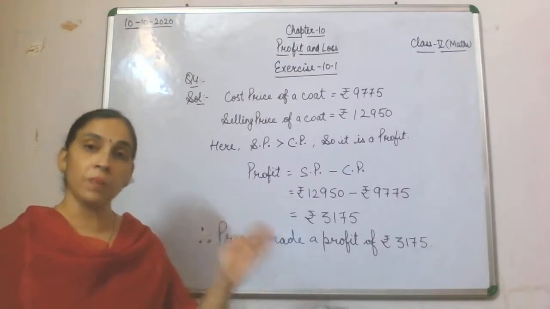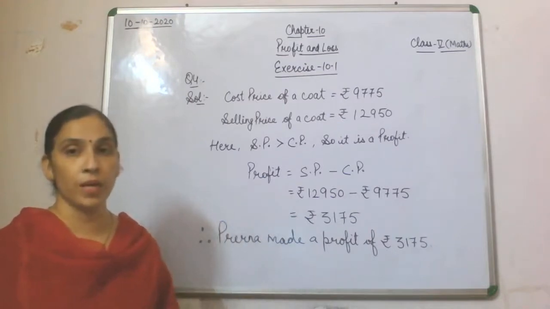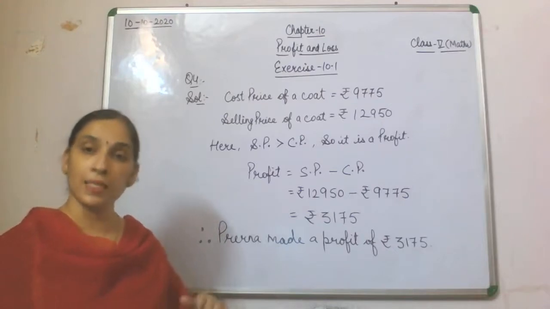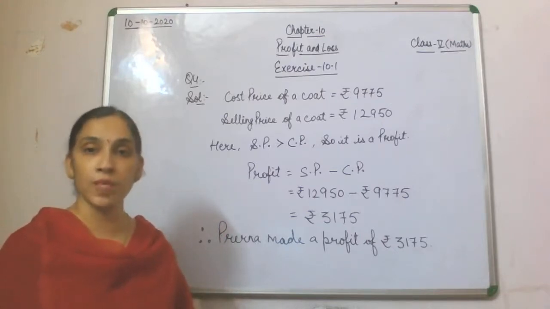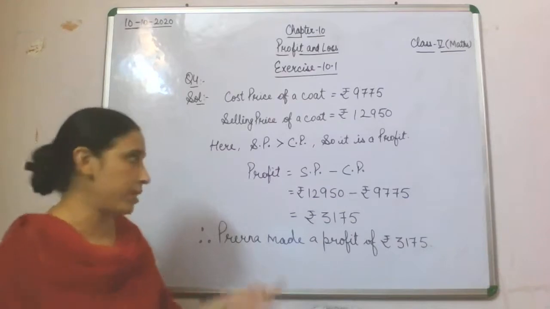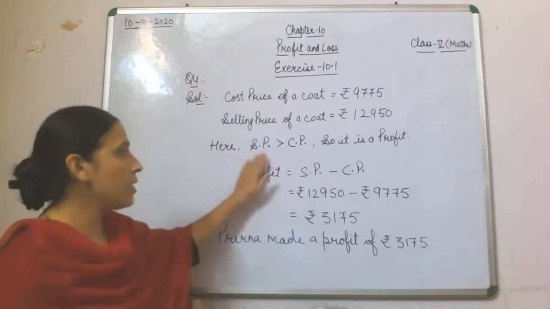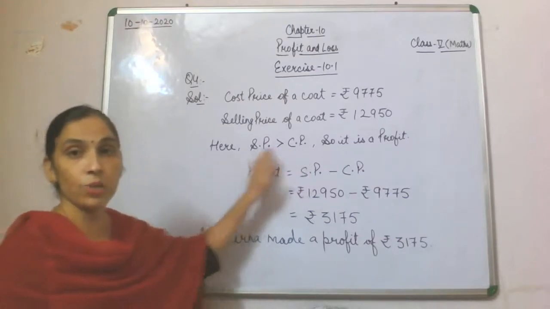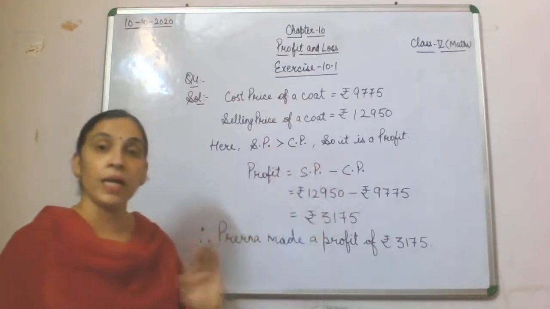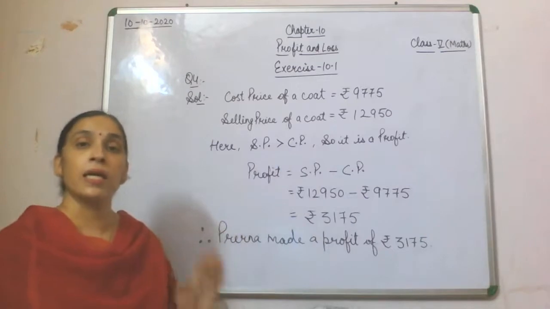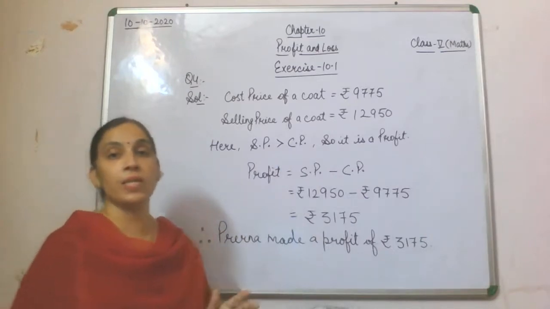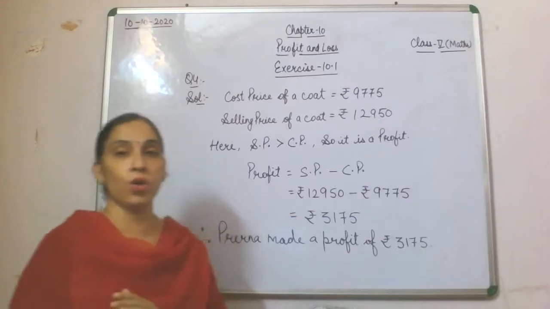Now if selling price is more than cost price, if you are buying anything for less and selling it for more, obviously you are going to get a profit. So here SP is greater than CP. Now you will ask that, ma'am, is it necessary to write this statement? Yes, it is necessary to write it. How do you understand whether it is a profit or a loss?